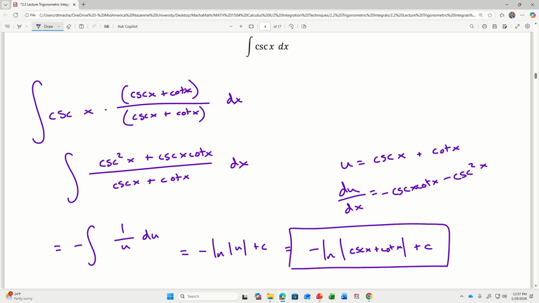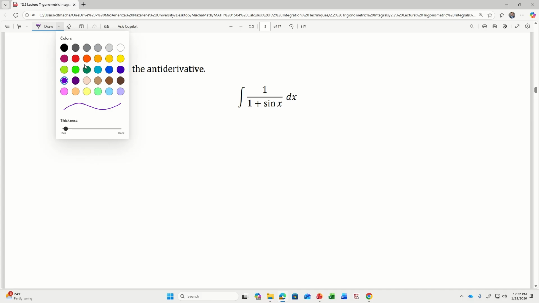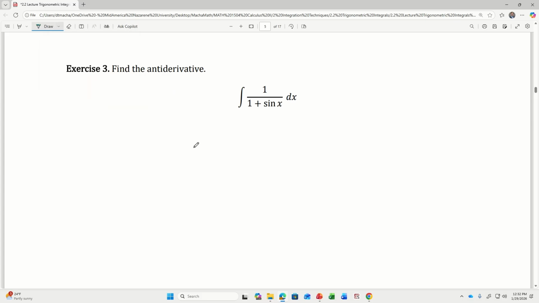So remember that. The antiderivative of cosecant x is negative natural log of absolute value cosecant x plus cotangent x plus c. It's in a similar vein of the tricks you wouldn't expect to use. I wouldn't have expected this until someone showed me what to do.